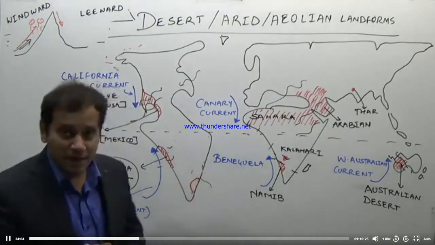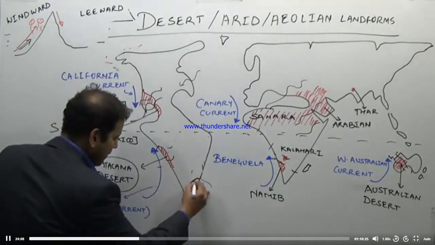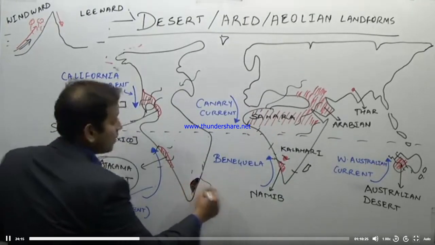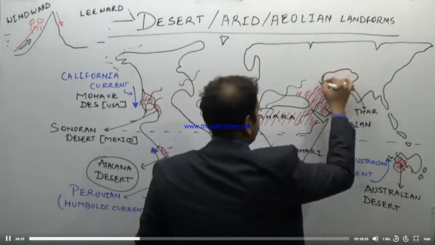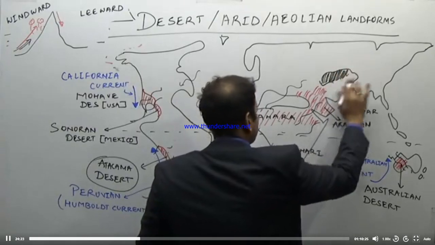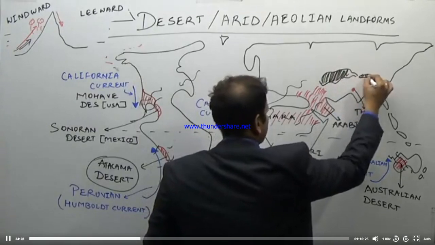So already marked in red, I will mark in black color. These deserts are the Patagonia Desert, Turkestan Desert, and Gobi Desert.